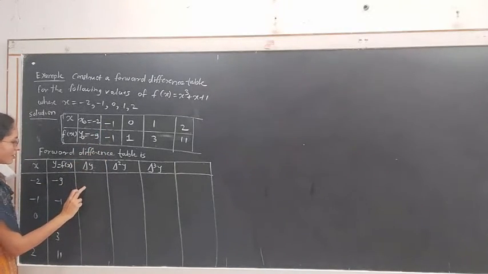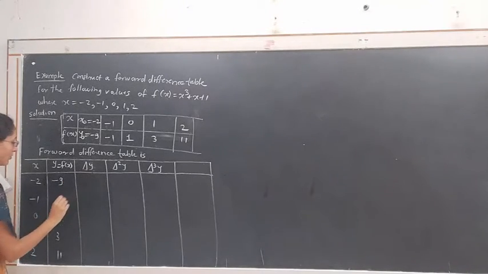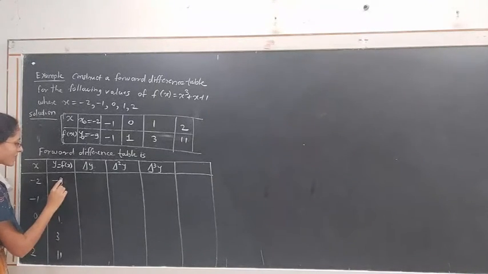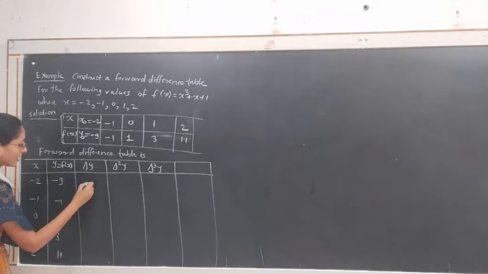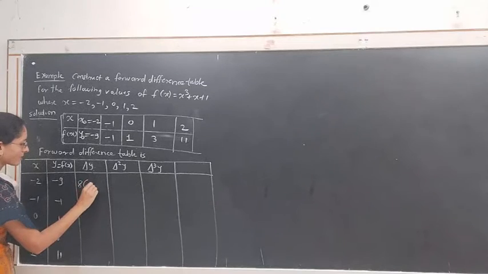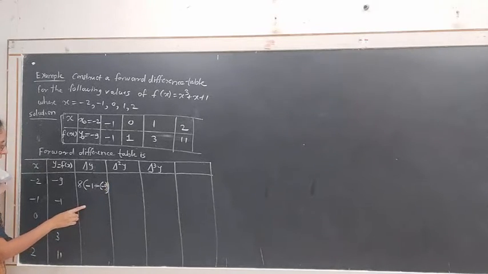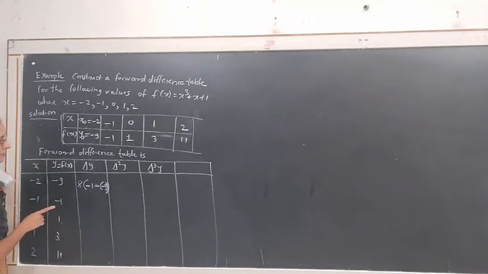Here, we get the value of del y0, which is minus 1 minus minus 9, that is 8. 8 is obtained by minus 1 minus minus 9. Okay, the next difference is between y2 and y1.